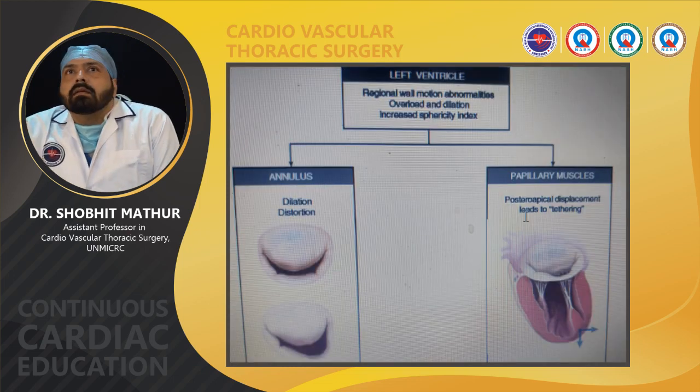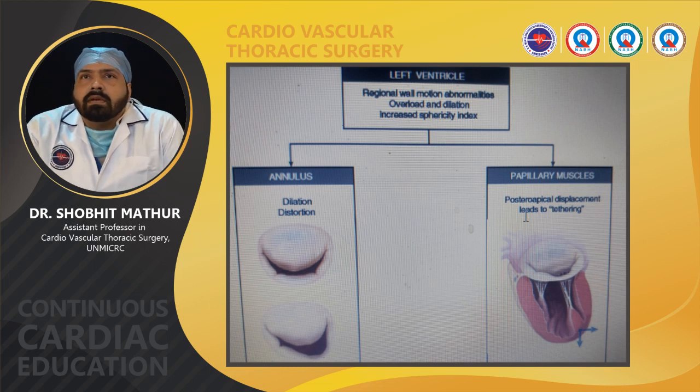In this slide, if you look at the papillary muscles in the right-hand diagram, we see that the posteromedial papillary muscles, due to wall dysfunction and dilatation of the LV wall, are moving posteriorly and towards the apex. The movement of the muscle will pull the chordae, and that will pull the leaflet down.